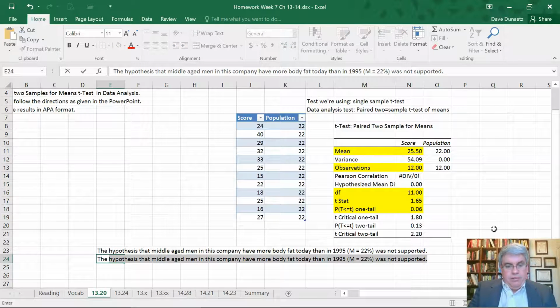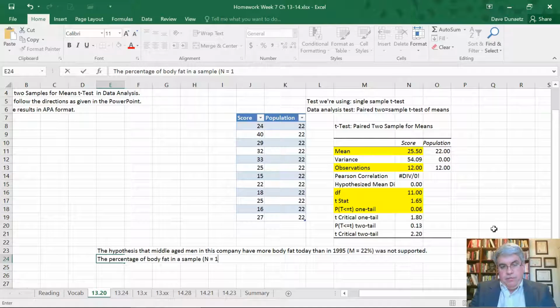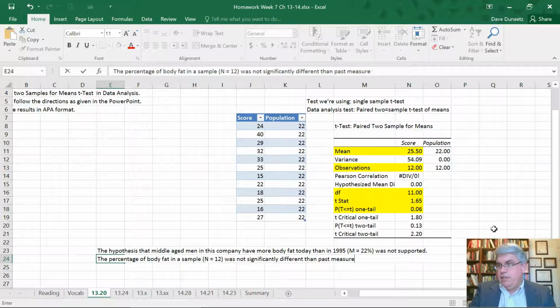The percentage of body fat in a sample, N equals 12, was not significantly different than past measurements.